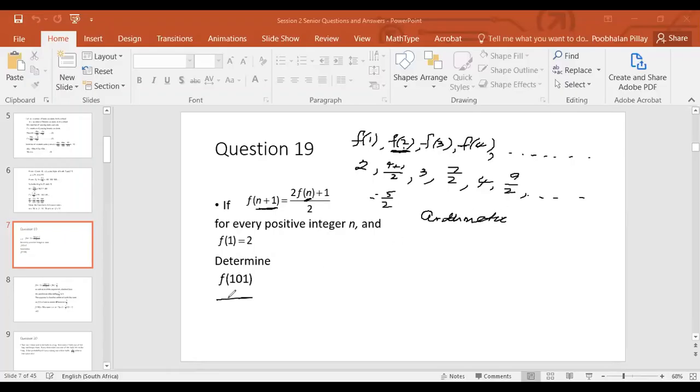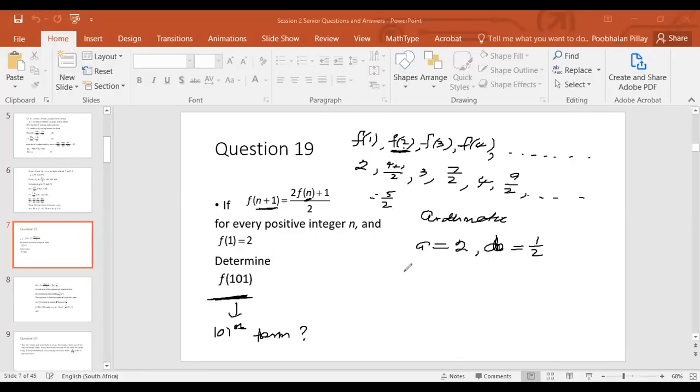The question is to find that one. So in other words, this will be the 101st term of the sequence. So your problem is to find the 101st term, and you know a formula for the nth term for an arithmetic sequence. If you know the first term, which we know to be a, and the common difference, which is a half, as you can see, 2, 2.5, 3, 3.5, 4, 4.5. Okay, this is d, sorry, that's your common difference.